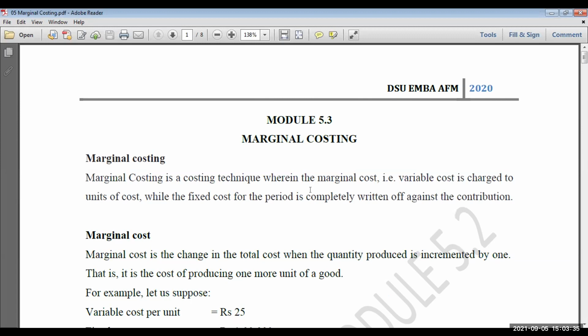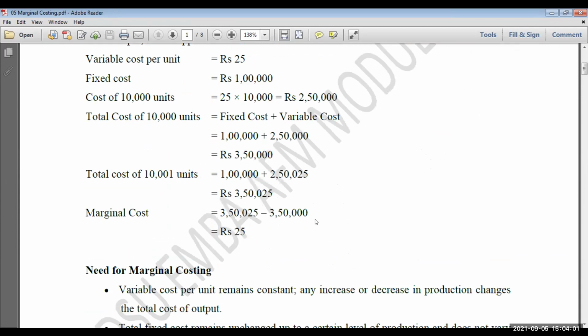Marginal costing is a costing technique in which the variable cost is charged to the unit of cost, but the fixed cost for the period is completely written off against the contribution. You may get confused, what is this contribution, what is this marginal cost. Marginal cost is another term used for variable cost. I'll show you a statement, then you can understand better.